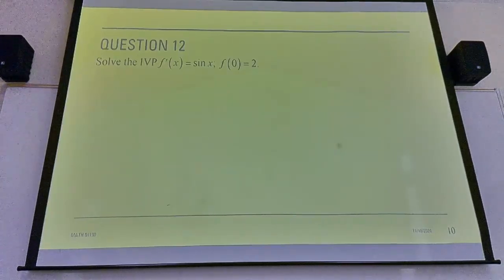An initial value problem is a problem that involves solving a differential equation given a specific condition. In this case, we have the very simple differential equation, f prime equals sine of x, with the condition that f of 0 has to be 2.